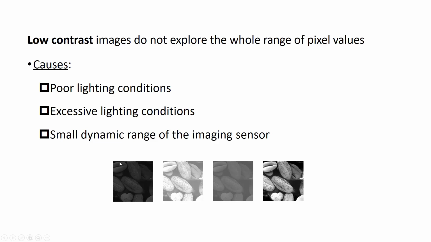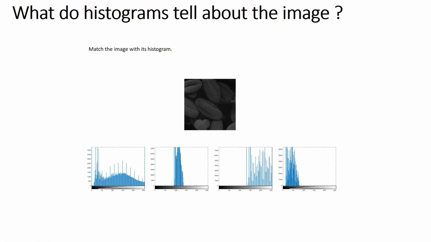So as you can see, the same image has 4 different contrasts. Now you have to match the histogram corresponding to each input image. This is a poor contrast image. The histogram of a dark image will be clustered towards the low level of the gray level.